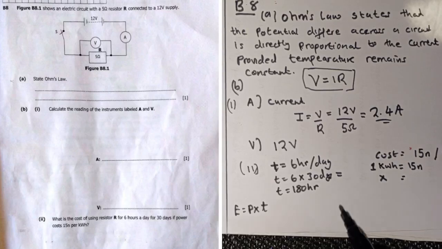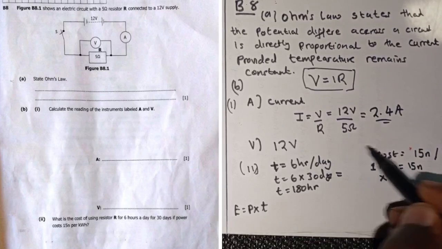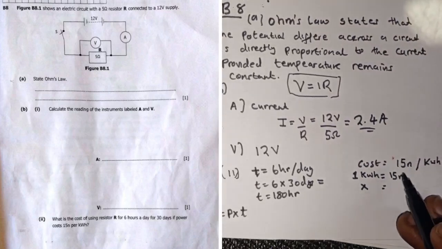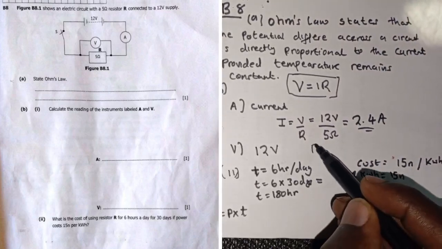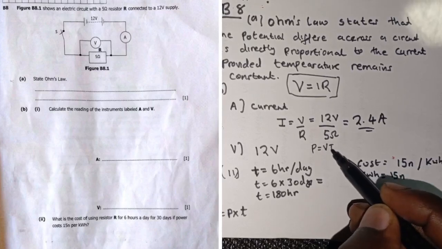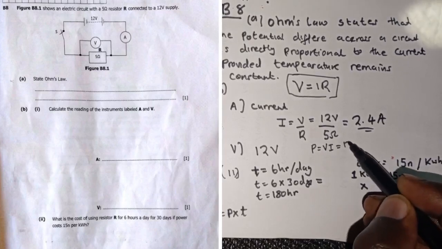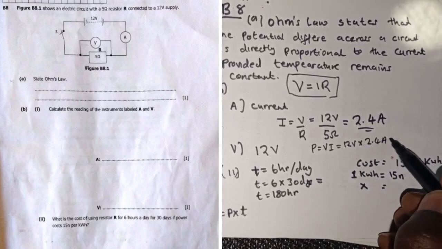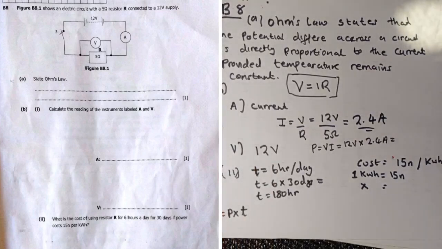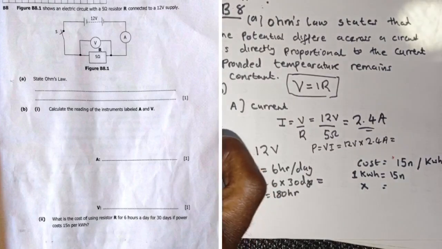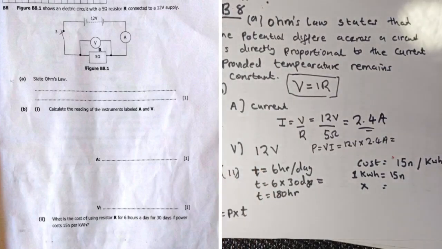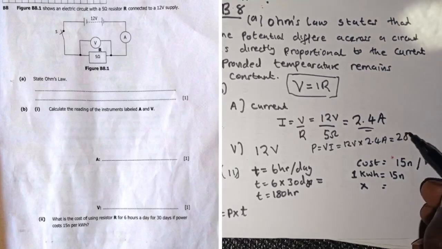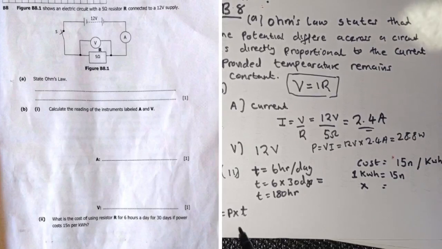So the power, we can use the formula. Power is equal to VI, the voltage is 12 volts, the current is 2.4 amps, so what will be the power? 12 by 2.4, you get 28.8 watts, okay?